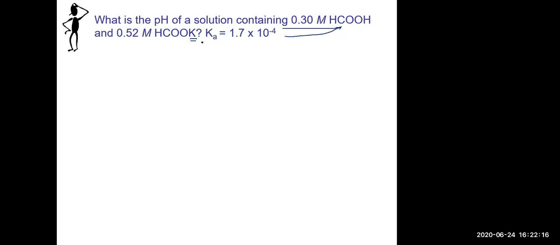That also means the Ka value goes with that compound. Of the two, that would technically be the only thing that would set up an equilibrium, and it will break apart into H plus and HCOO minus.